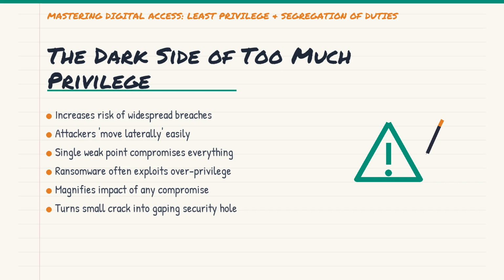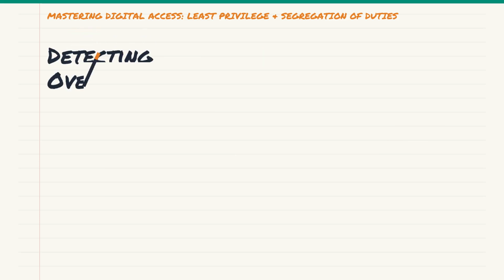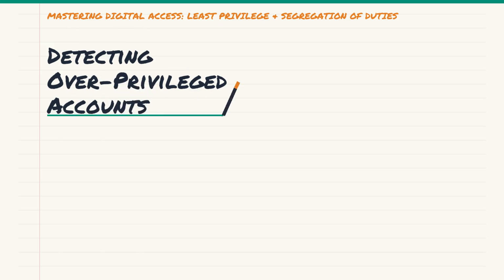One famous incident pattern is ransomware attacks where a single compromised account can encrypt vast amounts of data across an entire organization because it had admin rights everywhere. It makes a small crack into a gaping hole, allowing attackers to access systems and data they never should have touched.